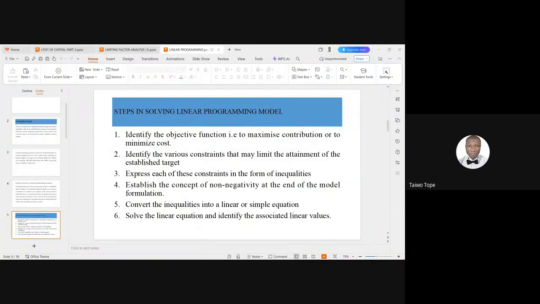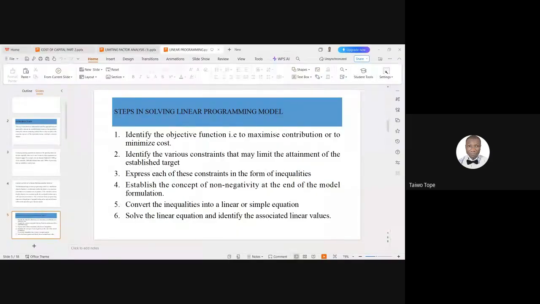To express a constraint in the form of inequality, suppose you need 1 unit of skilled labor and 2 units of unskilled labor to produce product A, and product A will use a maximum of, let's say, 20,000 labor hours.